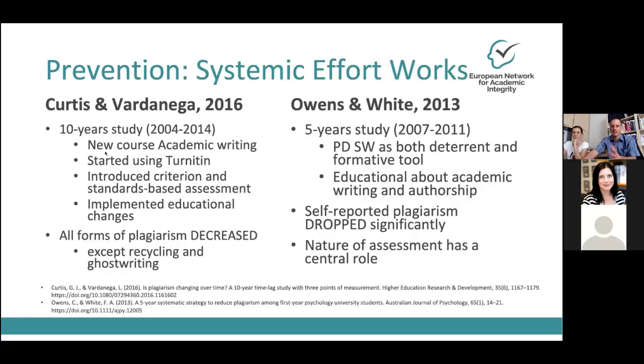There are some studies, I would point particularly these two Australian studies, who looked at their institutions and mapped systemic effort of preventing plagiarism. You can see that in both studies, in both institutions, they introduced courses about academic writing, so there was education.